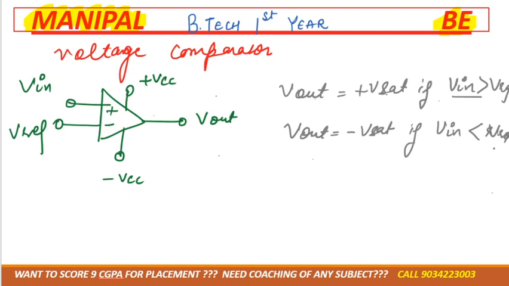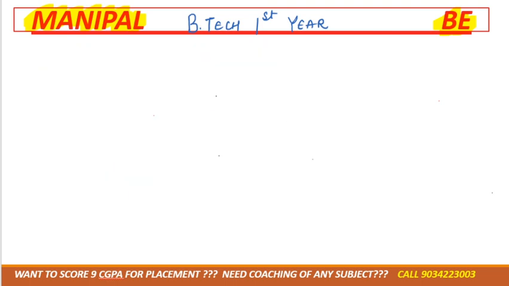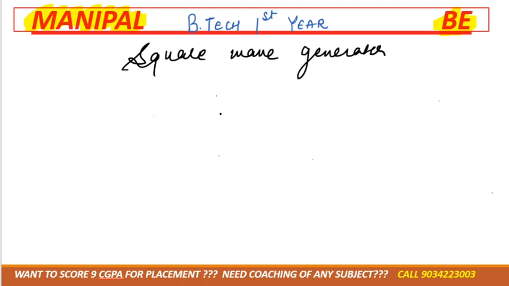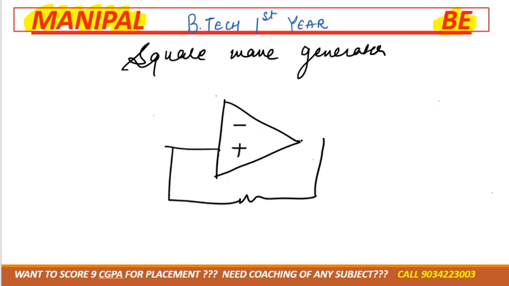Okay. Now after this we will have square wave generator. Square wave generator is negative, positive. Positive is connected with resistance R1. You have to remember this diagram.